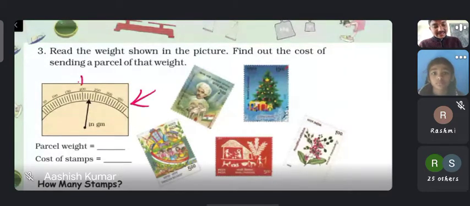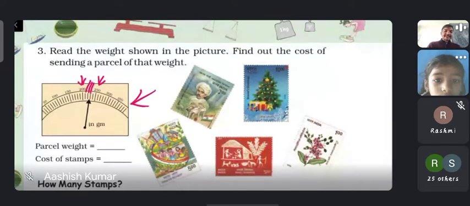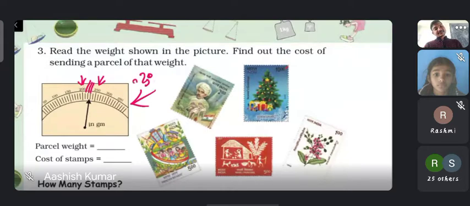Here is 200 gram, and here is 250 gram. So 210, 220, 230. So I hope it is 230 gram. 230 gram.